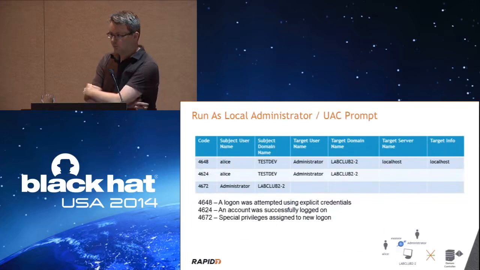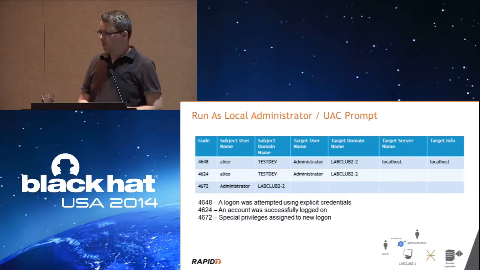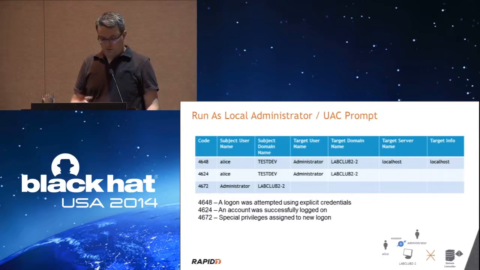So when you're running as a local administrator, nothing at all shows up in the domain controller event log. The only source of information you'll get about this activity at all is on that particular machine. So you see the information here, you see the source user and the target user.